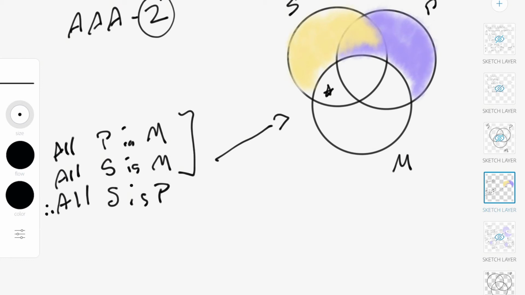It so happens that these S's that are not P's might be M's, but that is not really the issue because the conclusion is claiming that all S's are P's, and that is not supported by the information that's given in the two premises. Or to make that long story a bit shorter, if the premises were true, it's not the case that the conclusion cannot be false. And because of that, what we see is that this argument is invalid.